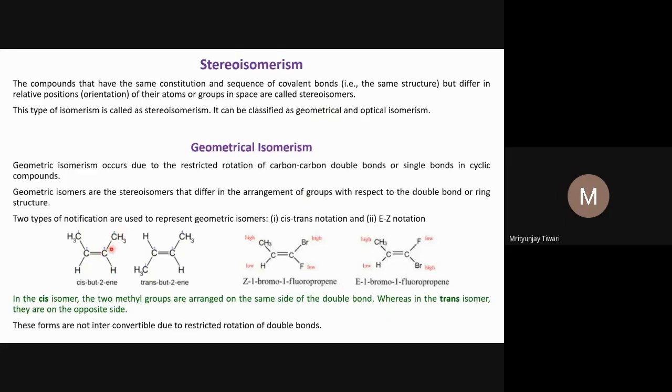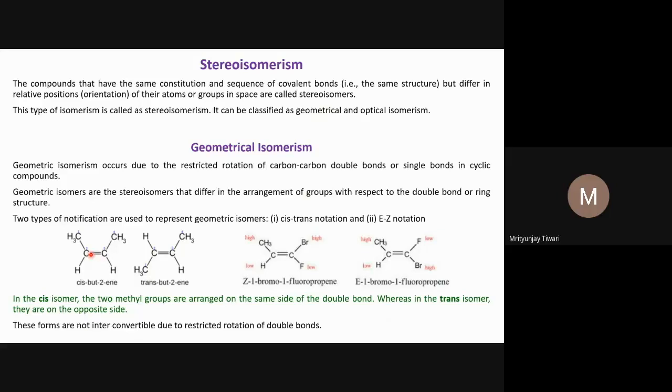Once the CH3 group is attached in this form, this double bond is not freely rotatable. To rotate this part of the compound with respect to that part, you will have to break the pi bond first. Why? Because in pi bonds there is overlap above the internuclear axis and below the internuclear axis.